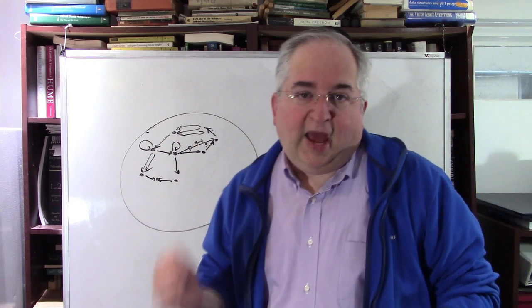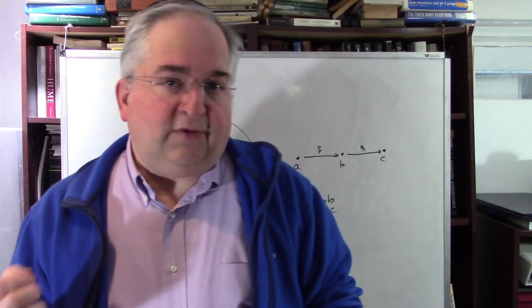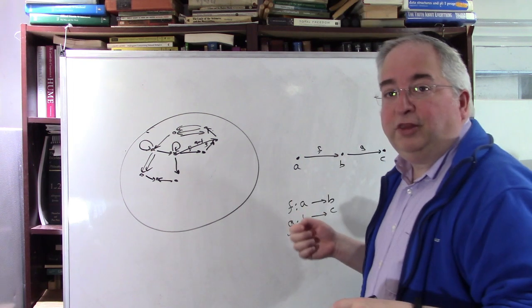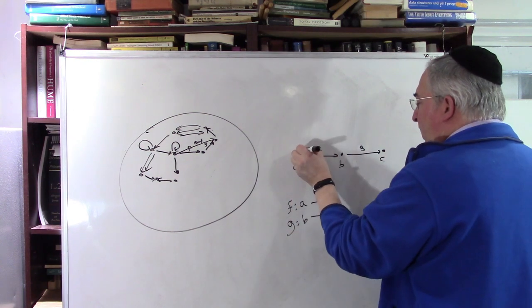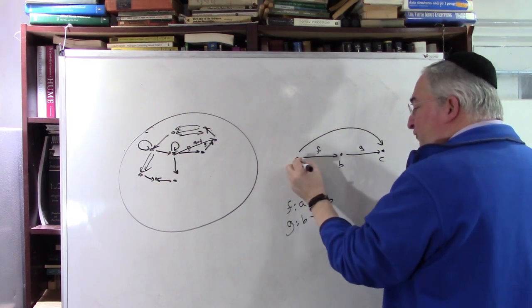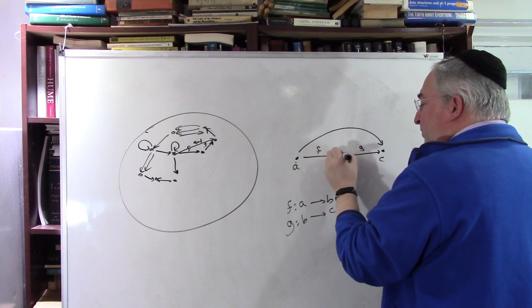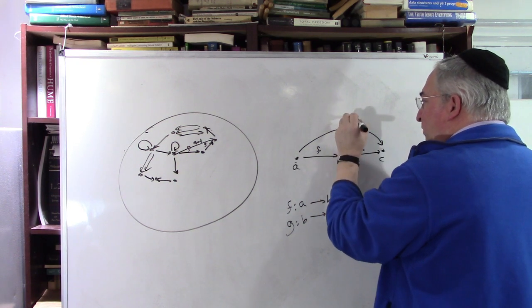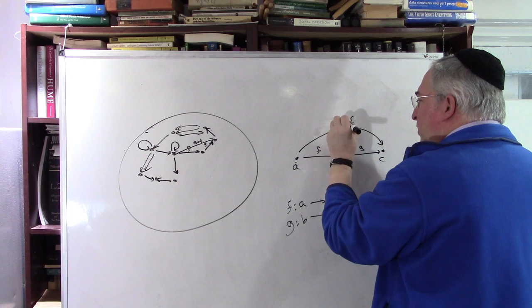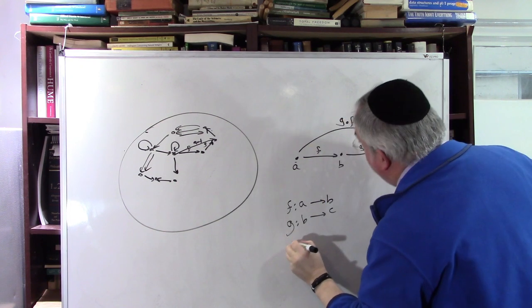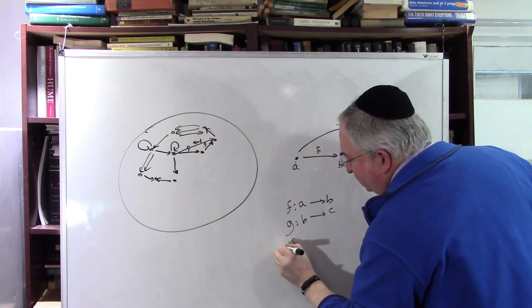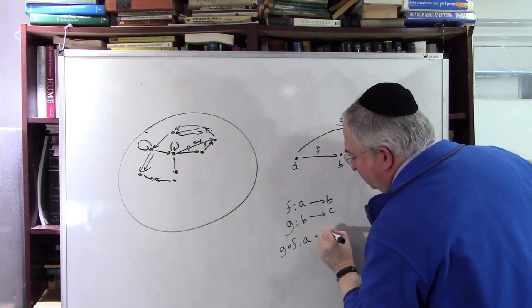Part of the structure of a category is not only do you have these maps, but we insist that you can compose these maps, and you get another map. You follow the arrows. It goes from A to B and then from B to C. We write it a little bit funny, F composed G, so F backwards G goes from A to C.